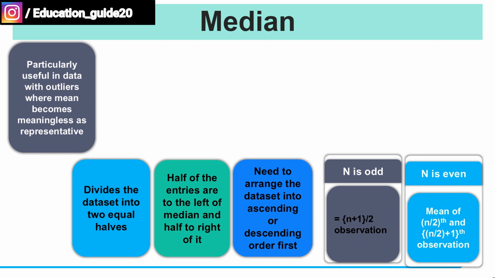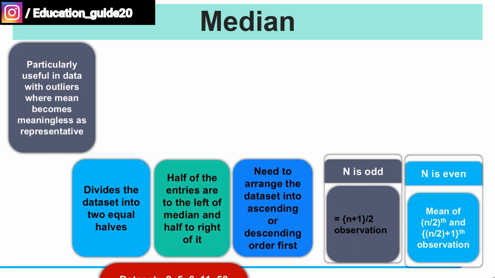Similarly, if the number of entries is 20, that is n is equal to 20, the median will be the mean of 20 by 2, that is the 10th, and the next, that means the 11th term, when it is arranged in an increasing or decreasing order.